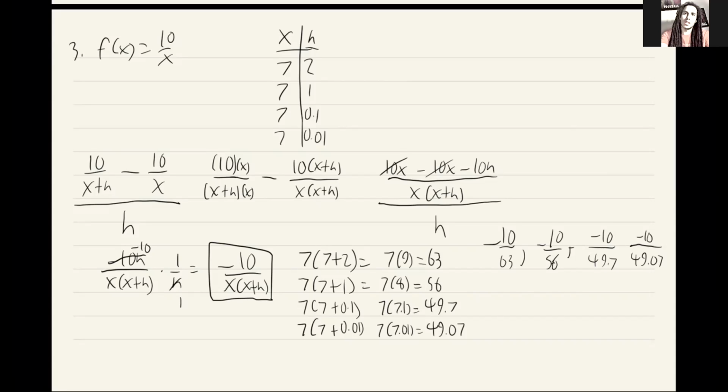So let's say the first x point is 63. Negative 10 divided by 63 is approximately negative 0.159. Then if we plug in 56 into the bottom, you'll see that it is approximately negative 0.179.